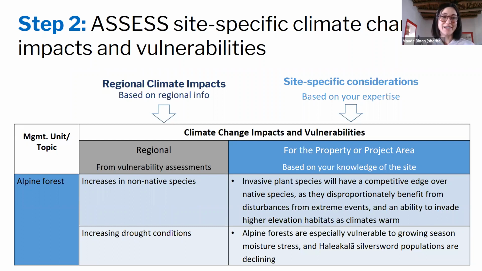So for instance, if you know that a regional climate impact will be an increase in non-native species, your site-specific consideration might include that invasive species will have a competitive edge over native ones, and that they have an ability to invade higher elevation habitats as climate warms. So these specifics will really help you design effective strategies in your planning process.